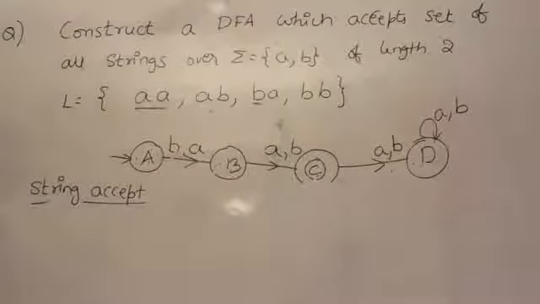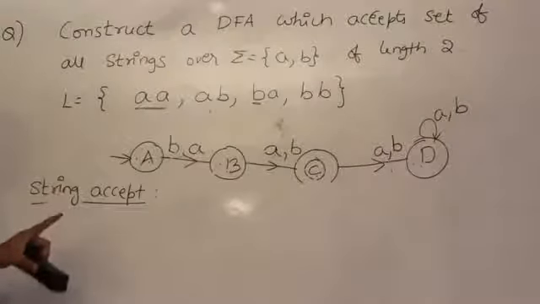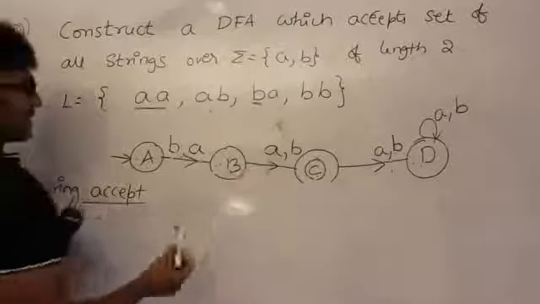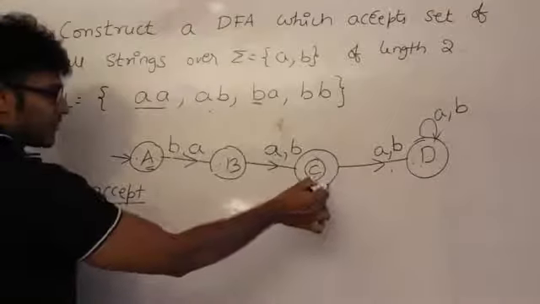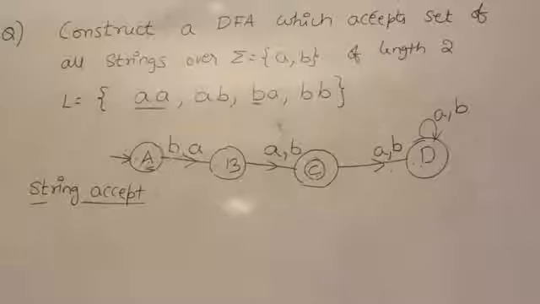So string acceptance: I say that a string is accepted by a finite automata if upon scanning the entire string, I start from initial state and end up in the final state, then I say that the string is accepted by the finite automata.